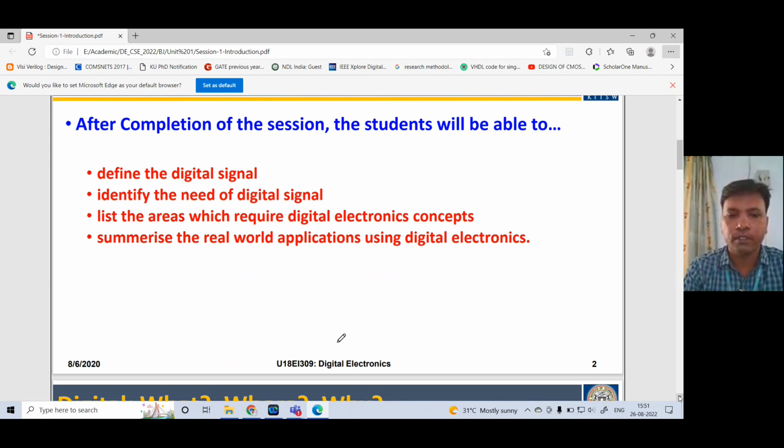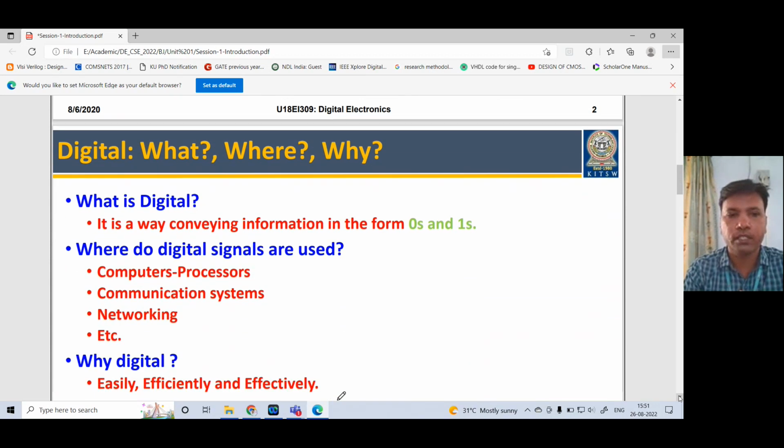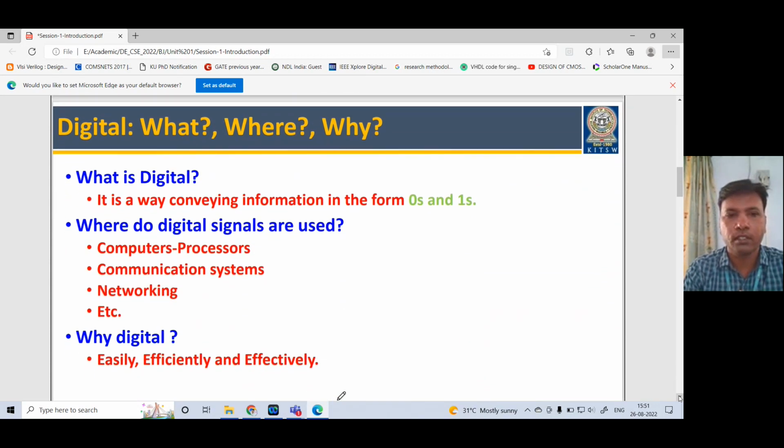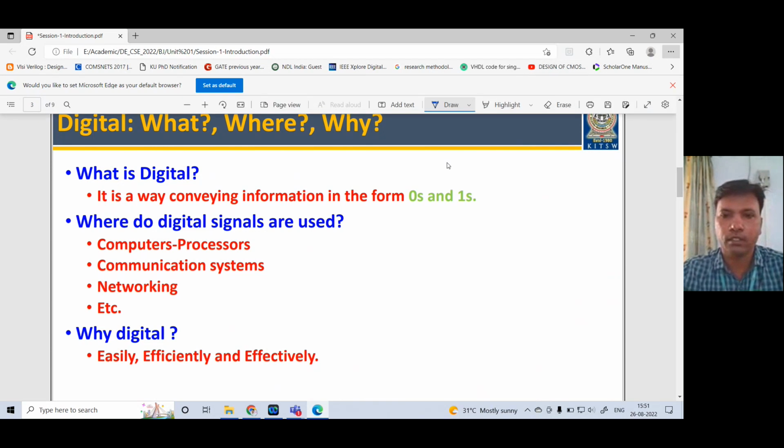Now, first of all, you need to know what a digital signal is, where we use digital signals, and why we need them. So first thing, what is a digital signal?